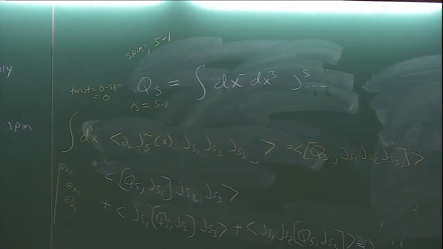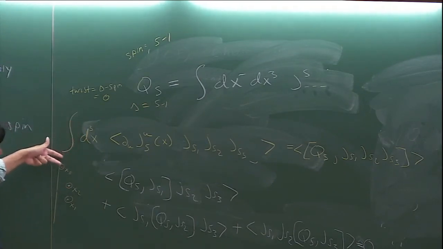So I claim this is the modified equation when the Q's are not exactly conserved. This is of course familiar from 2D CFT, where you integrate around circles to get commutators of charges.